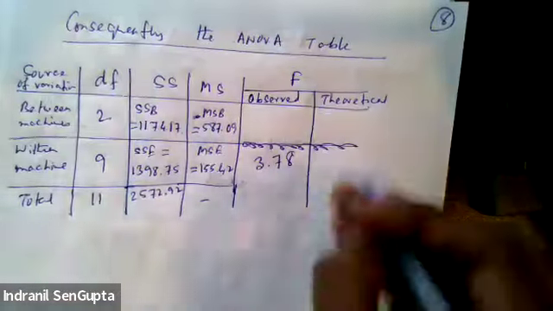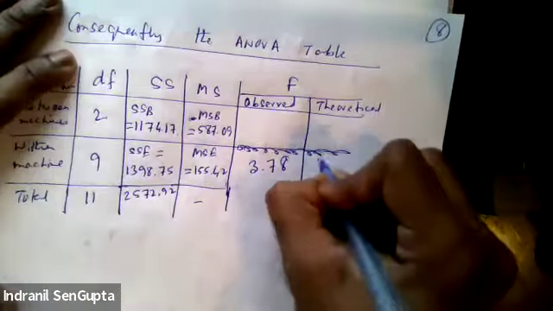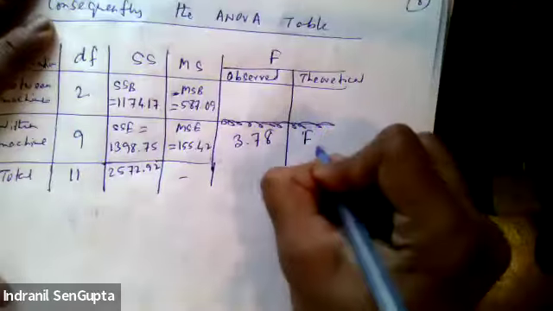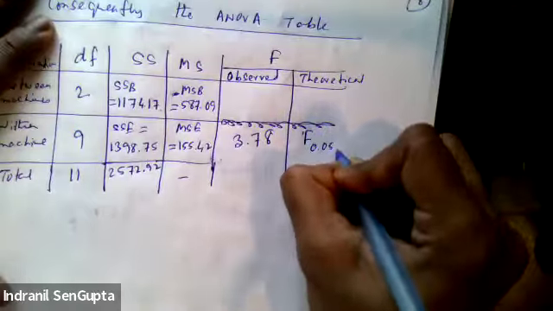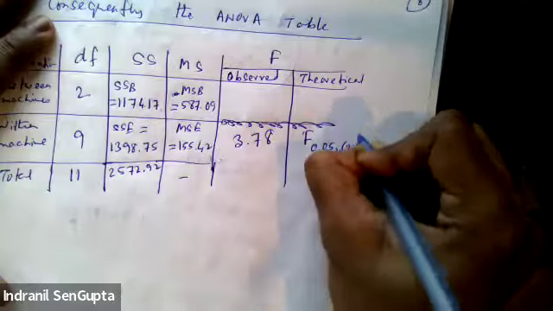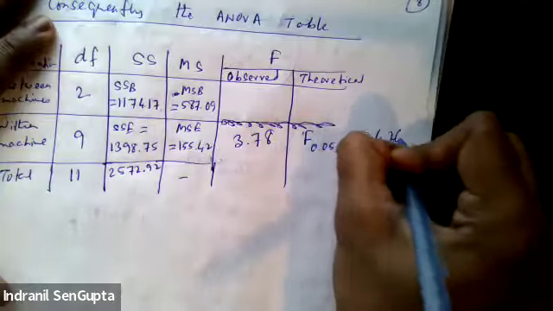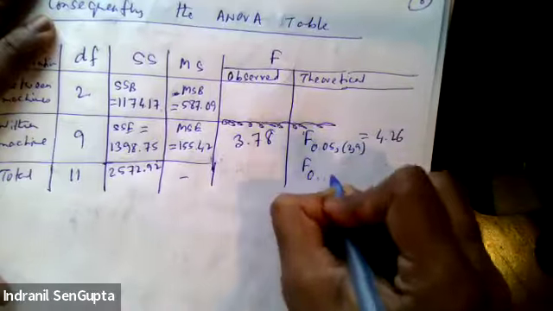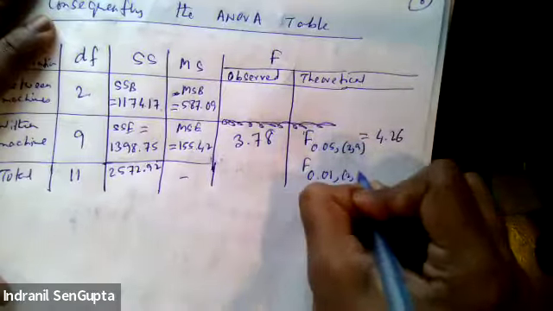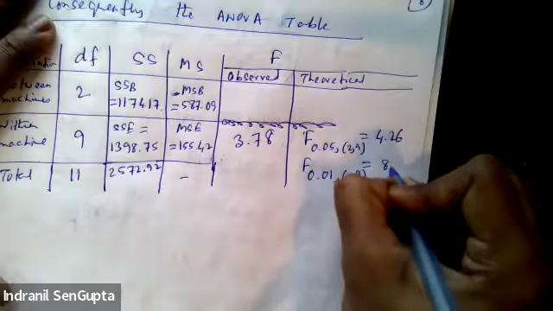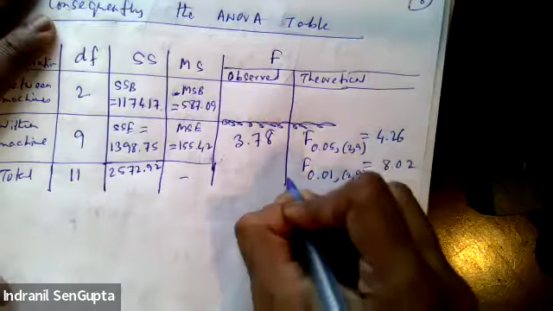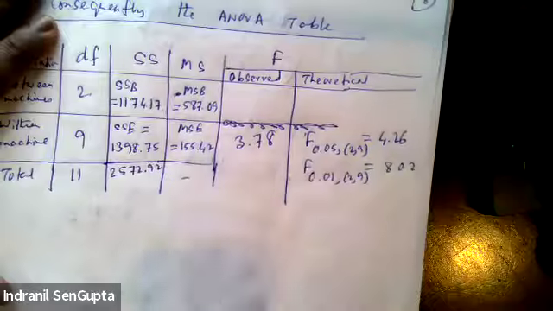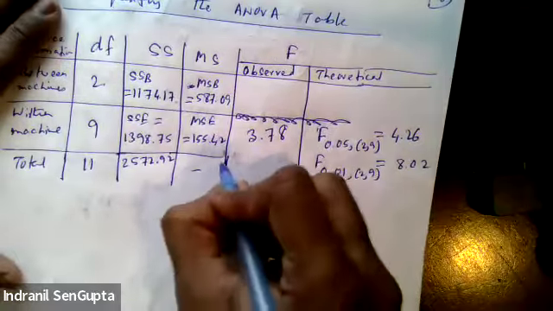So F at 5% significance level with 2 and 9 is given to be 4.26, and at 1%, with degrees of freedom 2 and 9, its value is 8.02. And that is pretty much the table.